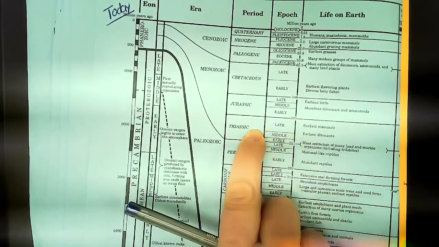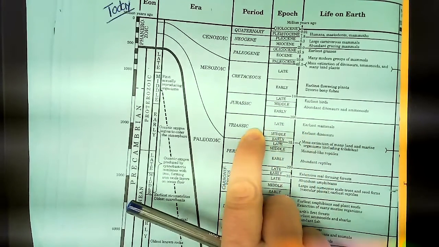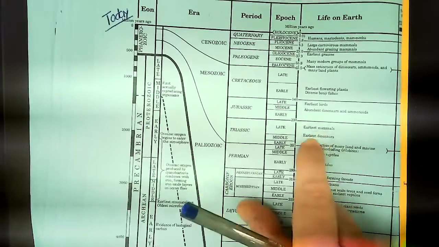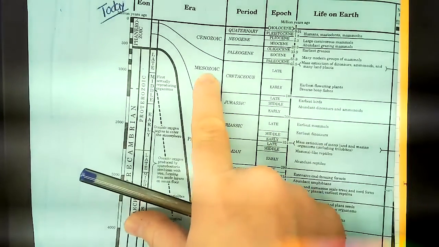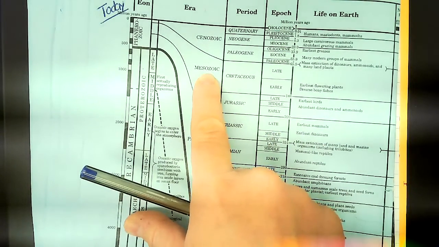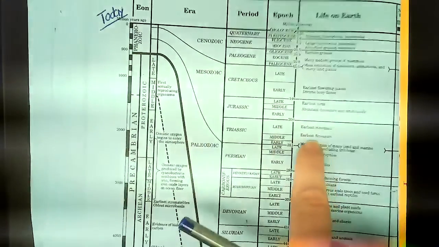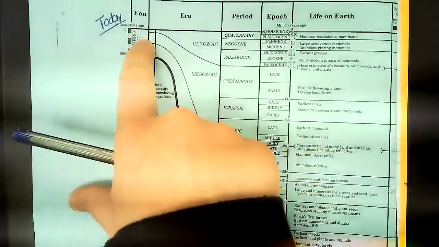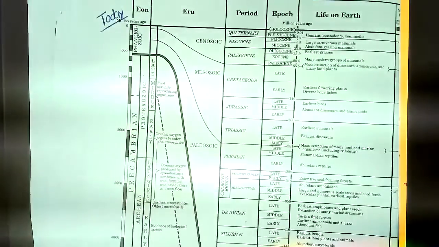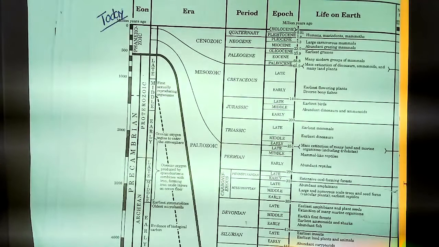Or I could say they're from the Triassic, or that they showed up in the Mesozoic era, specific times. Or I could say the Paleozoic. They vary in how long the time unit is, but they are all specific time units. So they're all absolute time.